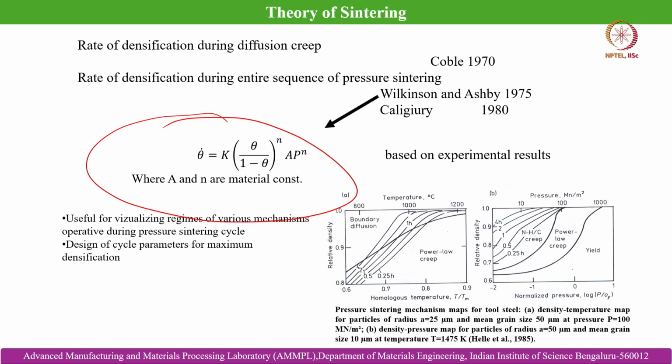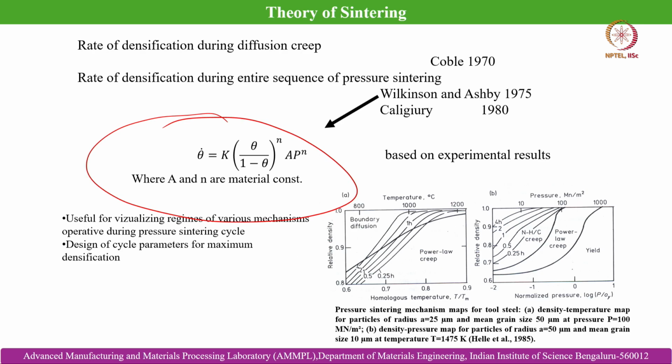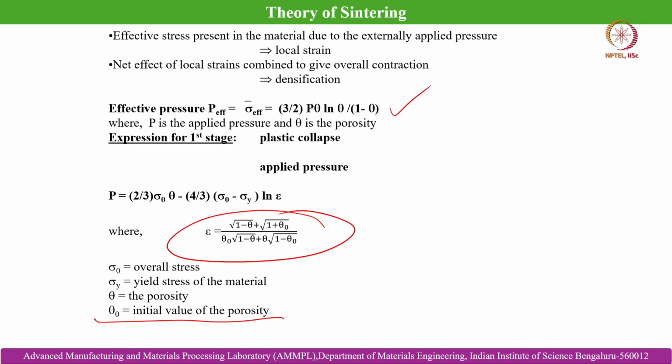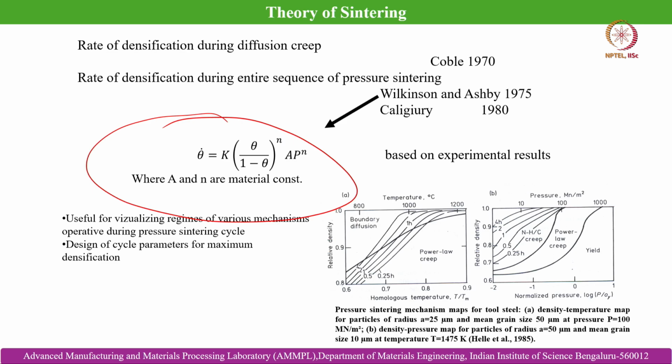So, this is basically the case when strain rates are... for pressure assisted sintering, it is a different expression that we get compared to the sintering process where we do the pressurization stage and the thermally activated stage separately.